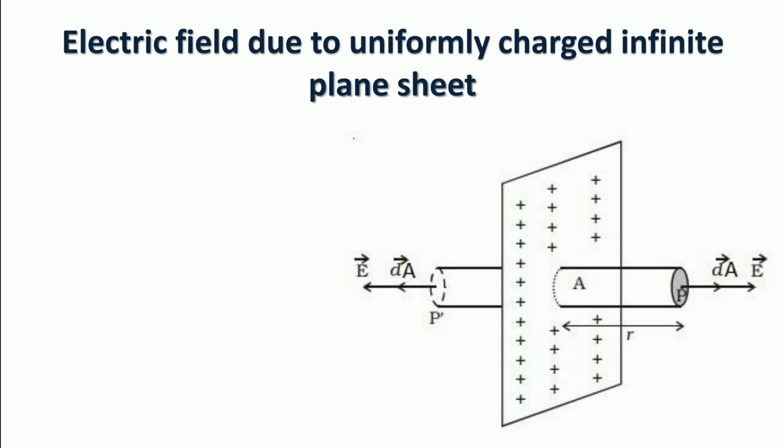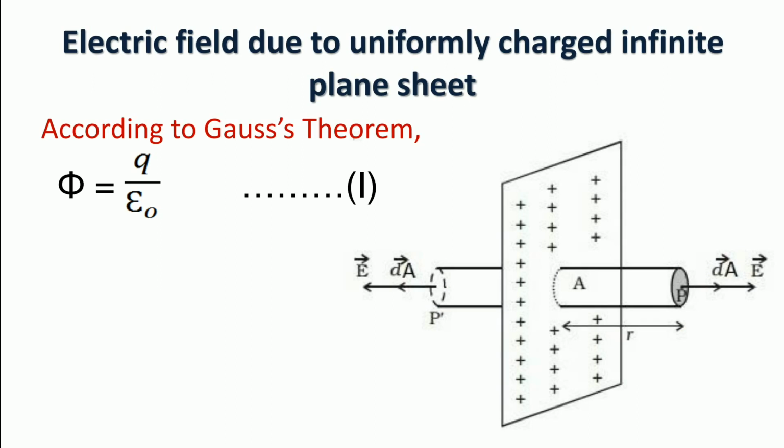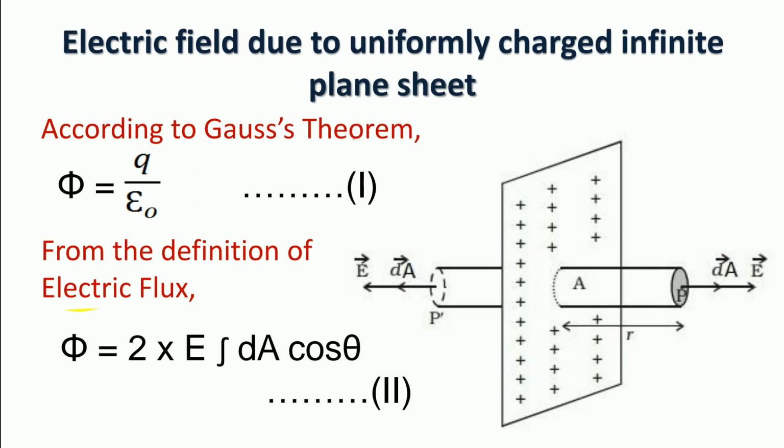Now applying Gauss's theorem. We have phi is equal to q upon epsilon naught, and from the definition of the electric flux, we have phi is equal to 2 times E integration dA cos theta. Why 2 times? Because we can see here, once the electric flux, this one, E integration dA cos theta, and another electric flux, E integration dA cos theta for this surface.